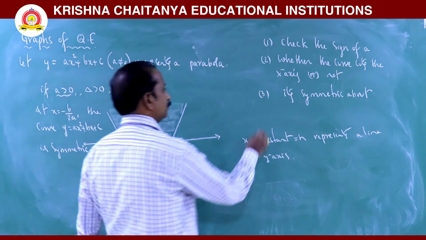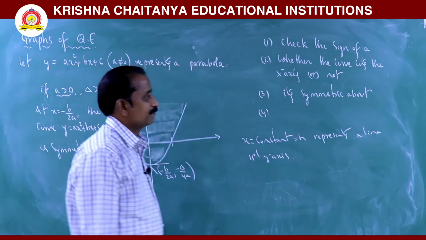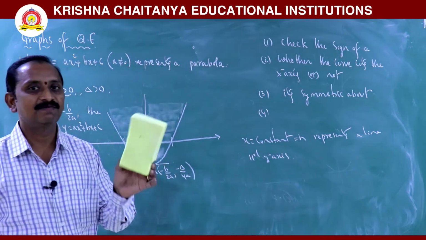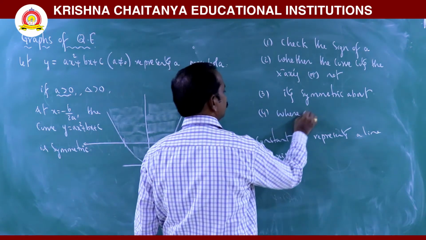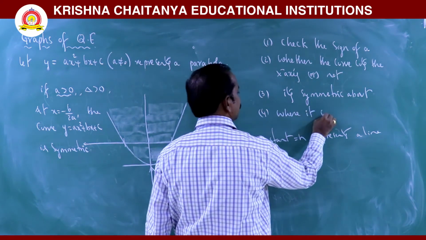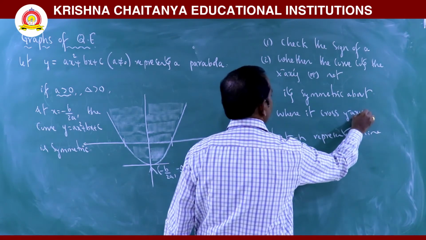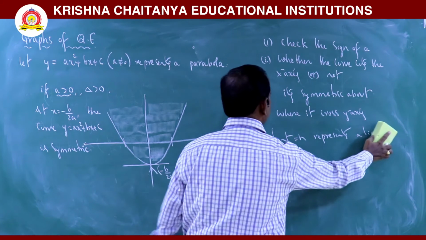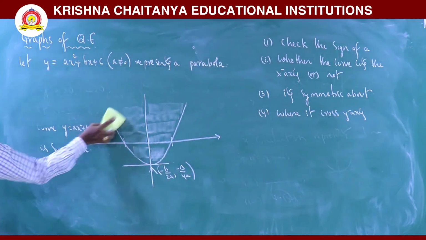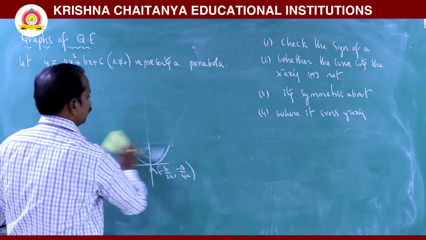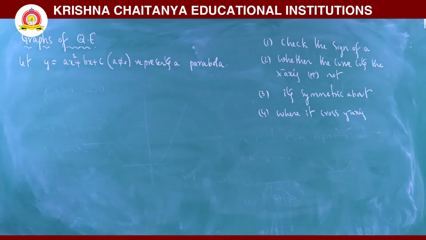Next, come to another point, the fourth point: where the curve crosses the y-axis. We have to calculate at what point the curve crosses the y-axis. Now we know y is ax square plus bx plus c.